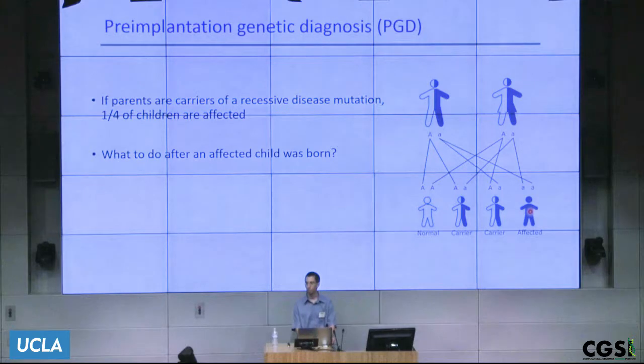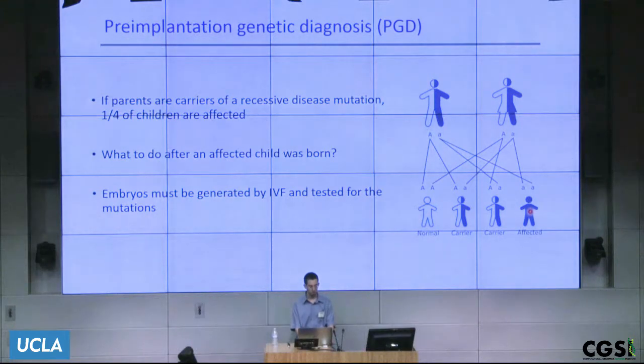Another option is to get tested during pregnancy and then abort the pregnancy in case the child is a homozygote carrier. What people mostly do today and over the past 20 years or so is called pre-implantation genetic diagnosis, or PGD. So in this procedure, the couple first undergoes IVF, in vitro fertilization.